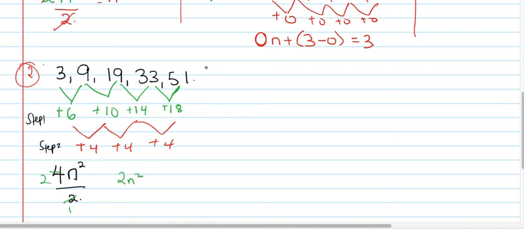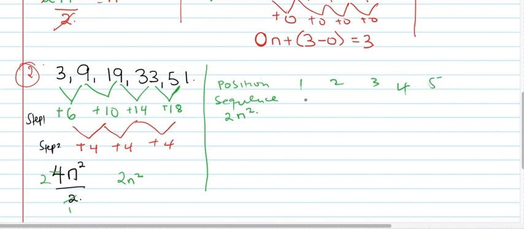Okay, continuing, we draw our table: position, sequence, and then 2n squared. So position is 1, 2, 3, 4, 5. The sequence was 3, 9, 19, 33, 51.